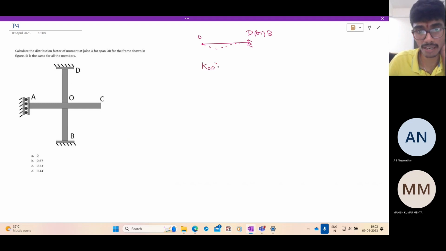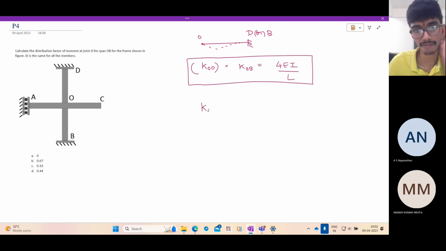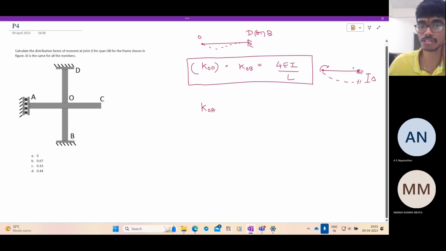So KOD is equal to KOB is equal to 4 EI by L. EI and L are same for all the members. And what is KOA? We already solved in the first problem. So OA is something like this. If you apply a moment, it goes like this. There is a delta. We eliminate the delta by zero shear force condition. We get KOA is EI by L.